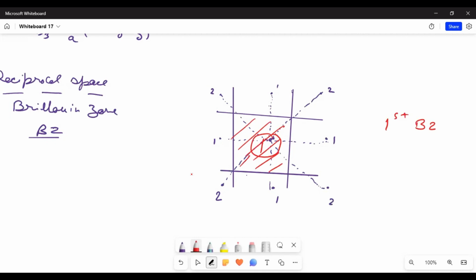Now, if you do the same for the second nearest neighbor, from the origin to this, and do the perpendicular bisector, so I am bisecting this line to the second nearest neighbor.